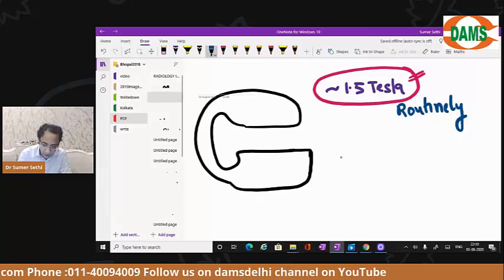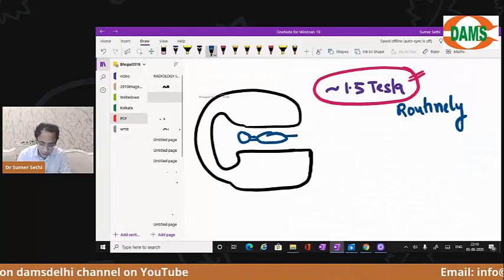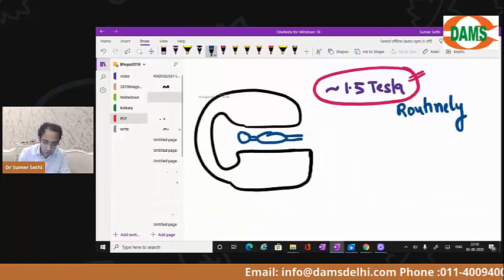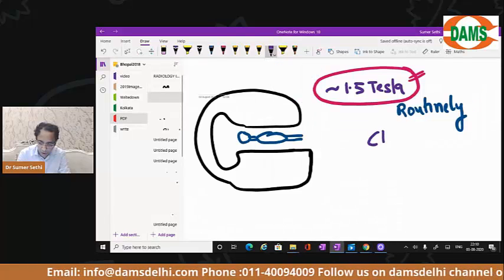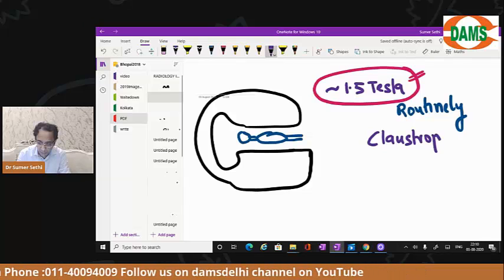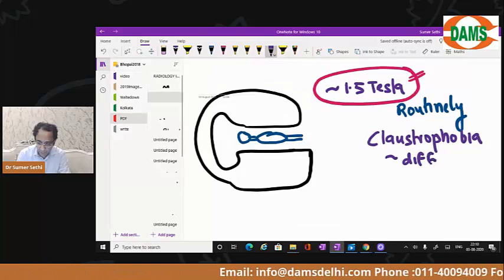And this is where the patient has to lie down. So I hope you understand that if somebody has claustrophobia, it will be difficult to get an MRI done.